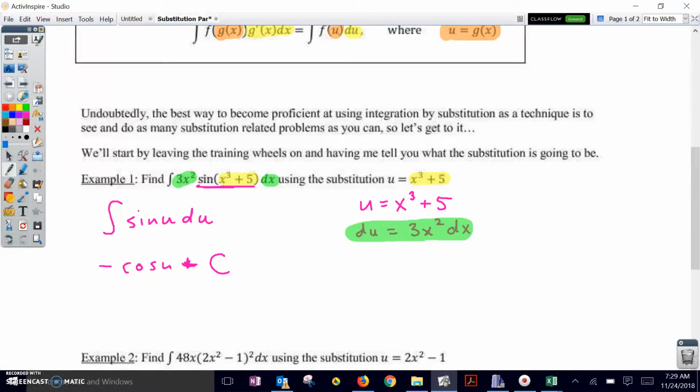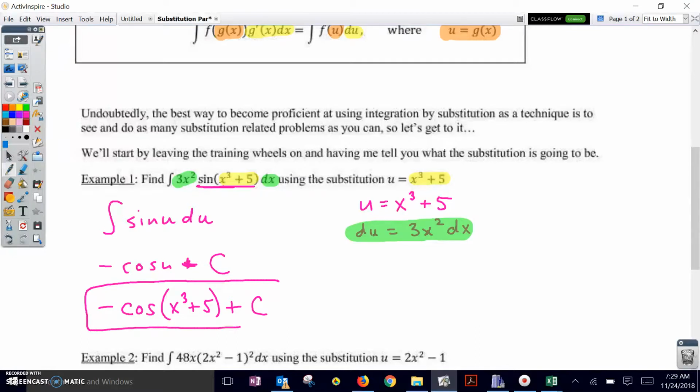And now all I need to do is bring u back into this, and I have my integral for the original function. And that right there is the function that when I take the derivative of it gives me my original integrand. Okay? And there we found our indefinite integral.